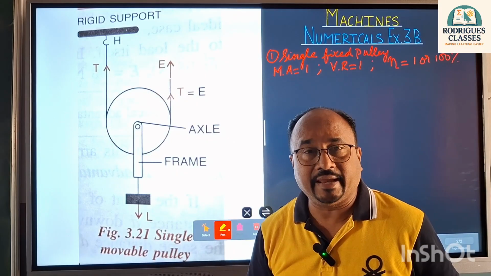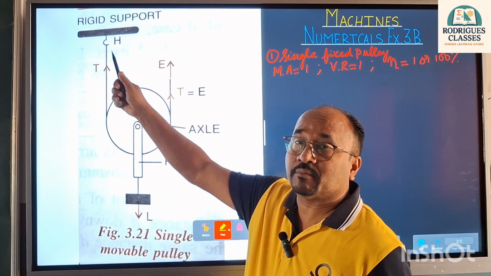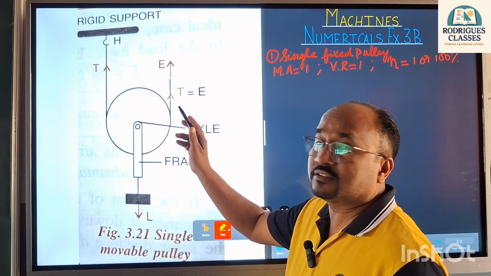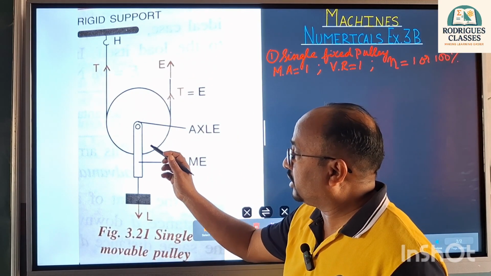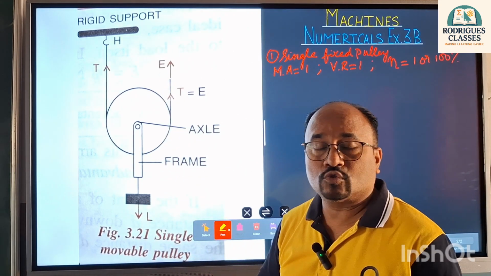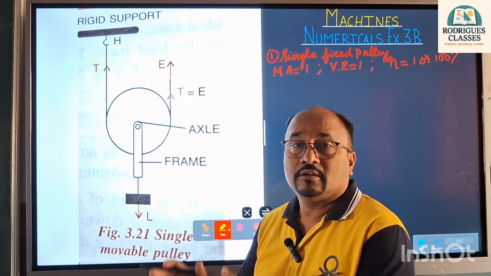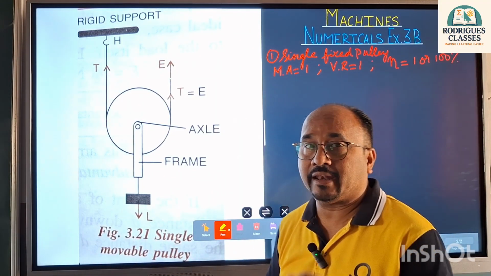Now the second one, which is a single movable pulley. This is a rigid support. This pulley is here with a load hanging. As this string will be pulled upward, this pulley will be rising up as well as the load will go up. So here the pulley is not fixed at its place, that is why it is a movable pulley. Now what happens here to find the mechanical advantage?